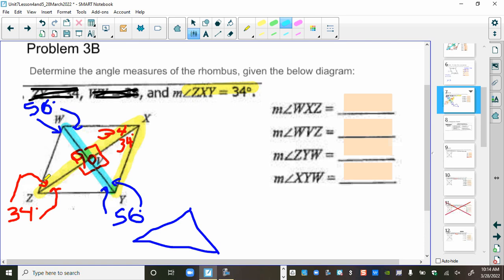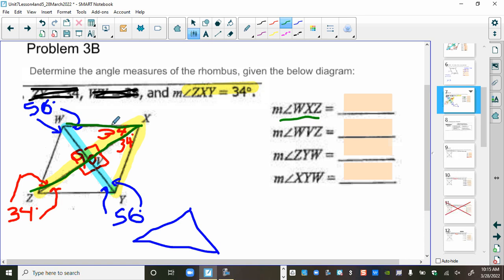Now, are we at a point where we can find all four of these angles? Yeah, you can. Well, first off, WXZ. You start at W, go to X, and then from X, we go all the way down to Z. How many degrees is WXZ, where we drew that green line?